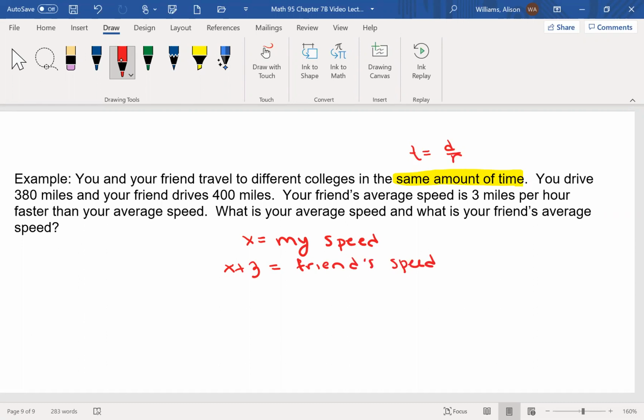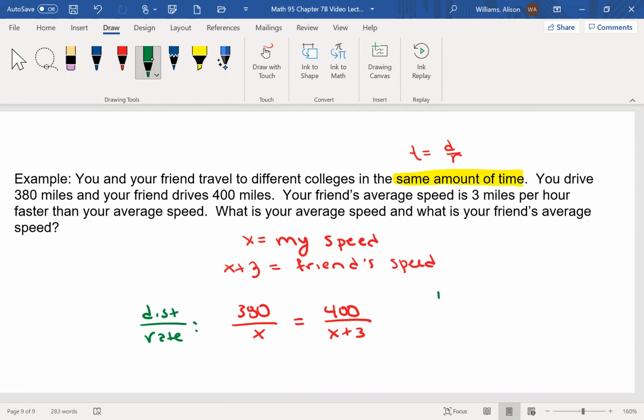Now my time to do it is going to be the distance, which is 380 over x. And then the time for my friend is going to be their distance, which is 400 over their speed, which is x plus 3. So we're doing distance over rate, the speeds. That's how we're coming up with this.